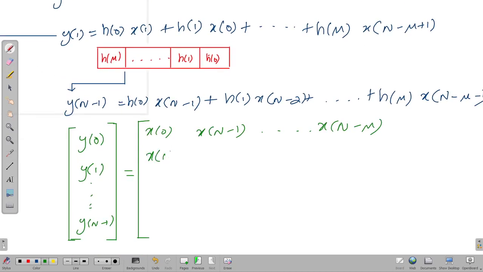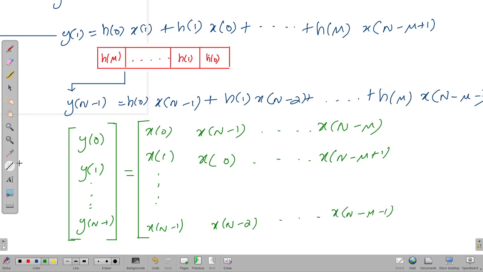Again, you have here x of 1, x of 0, etc., etc., up to x of n minus mu plus 1, etc., etc. It goes. Y of n minus 1 is x of n minus 1, x of n minus 2, etc., etc. It goes up to x of n minus mu minus 1. And I have this matrix getting multiplied by h of 0, h of 1, etc. up to h of mu.